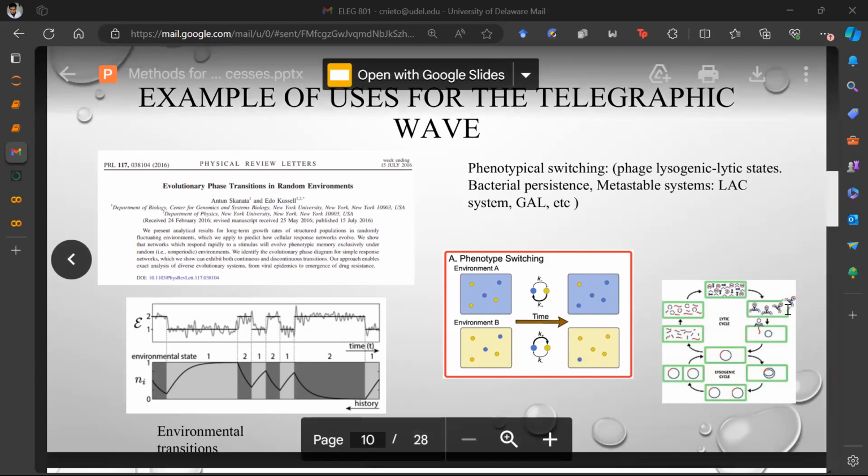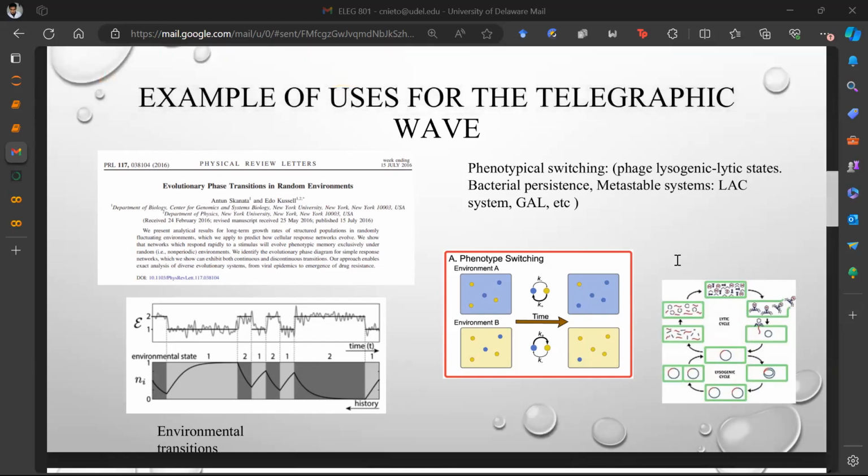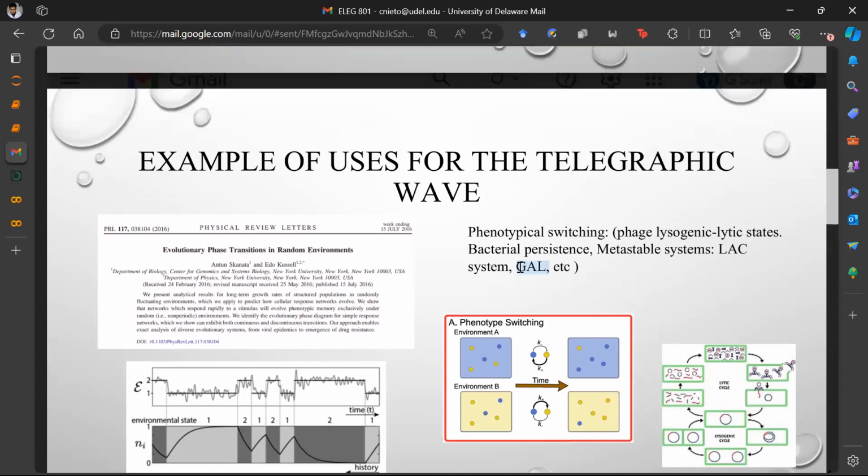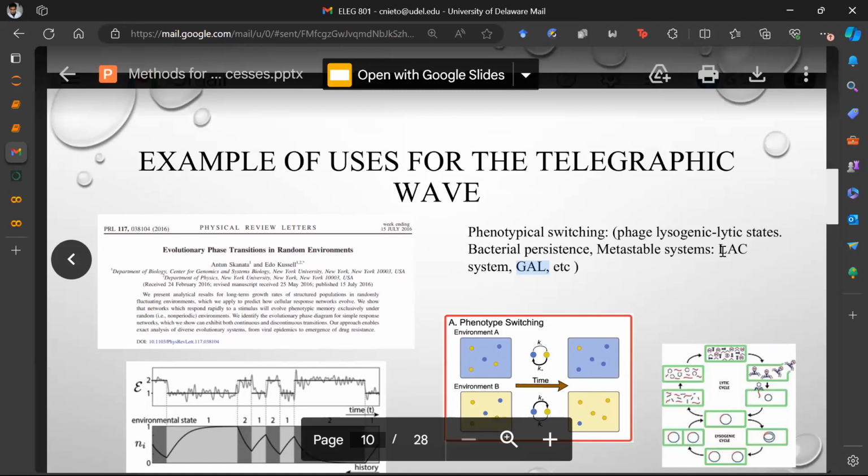Also, the phage lambda, a virus that attacks bacteria, can decide between being harmful or just neutral to bacteria. Also, you have other metastable systems such as GAL for yeast taking galactose, or LAC for bacteria metabolizing lactose.